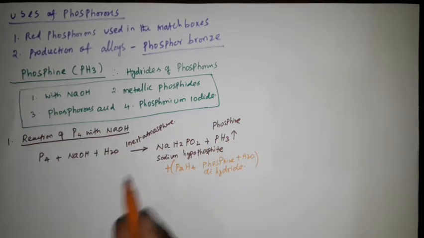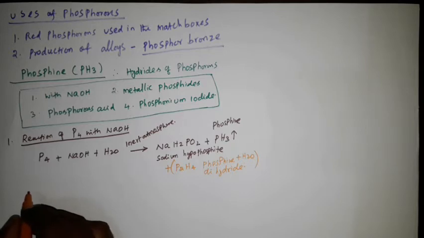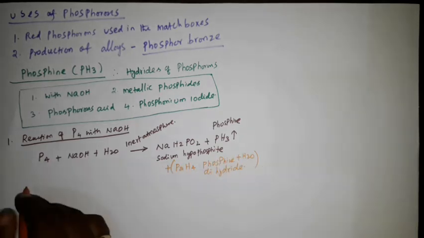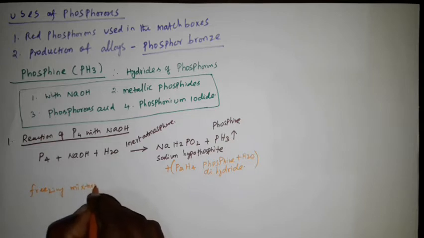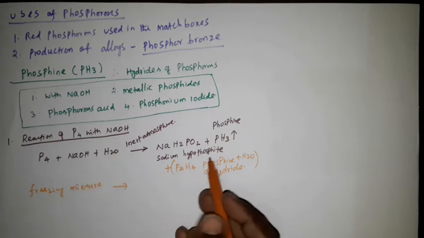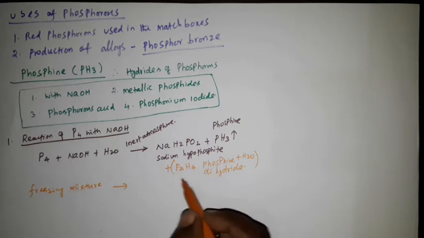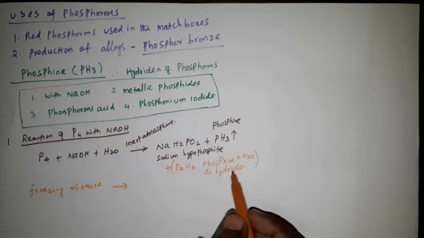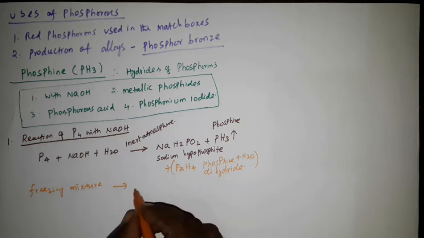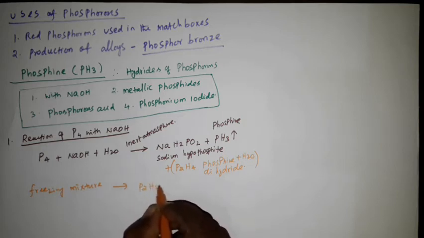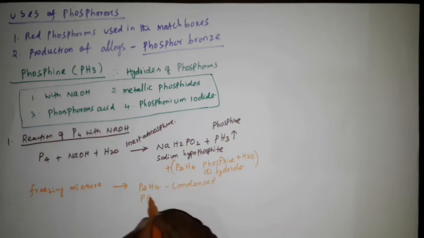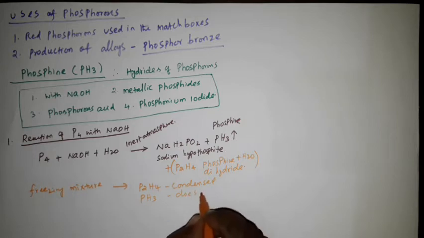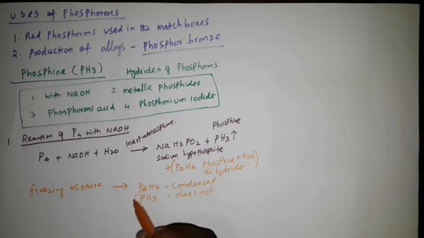So we take this mixture and pass it through a freezing mixture. We will get pure phosphine, and the P2H4, phosphine dihydride, will be condensed, whereas PH3 does not condense. So we get pure PH3.